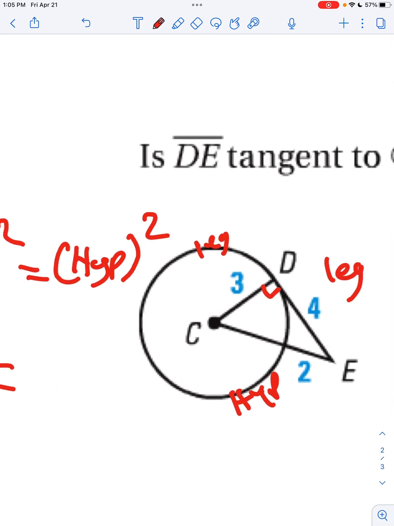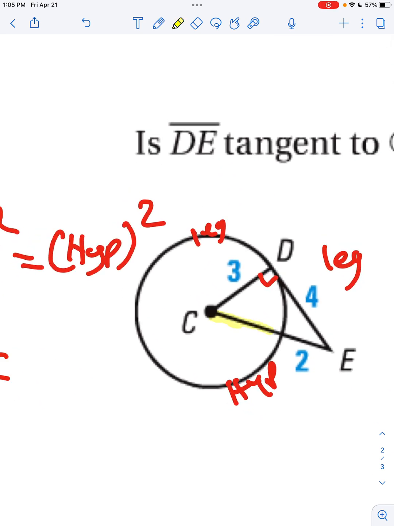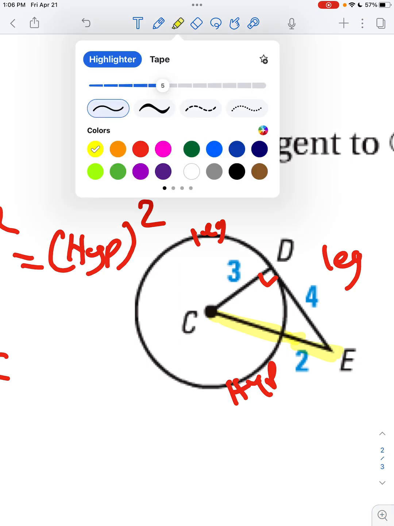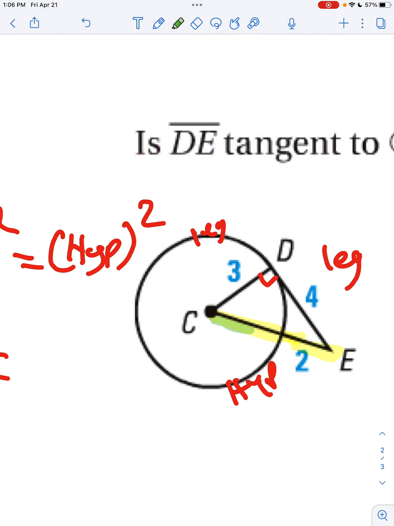My hypotenuse, I'm not quite sure. It says this part here is 2. I know this part, but I don't know what this green part is right here, except this is the center to the edge of the circle, which is my radius. And over here, the radius is 3.